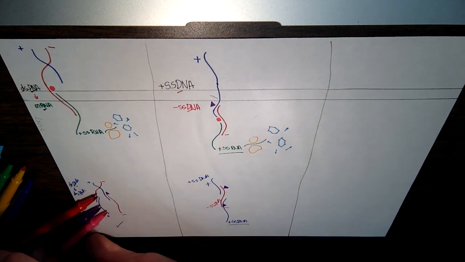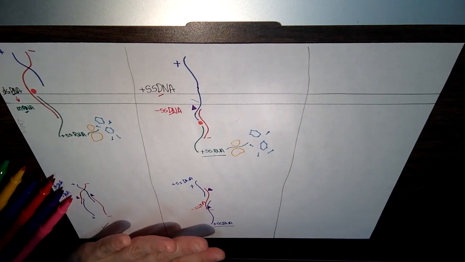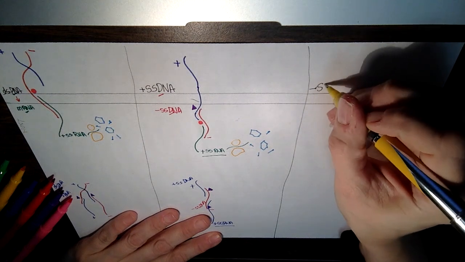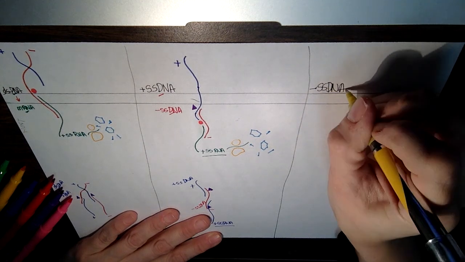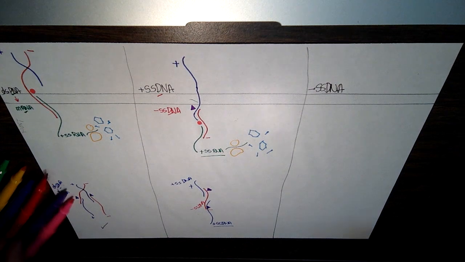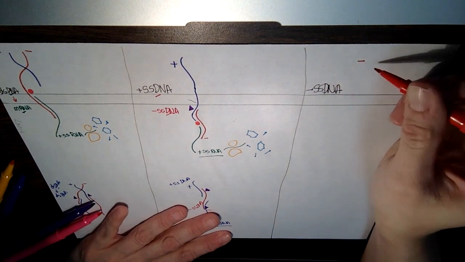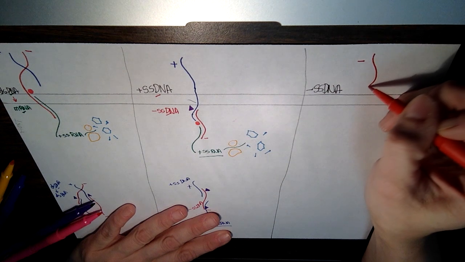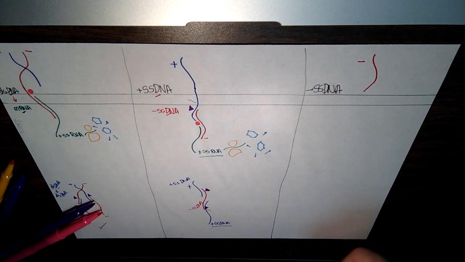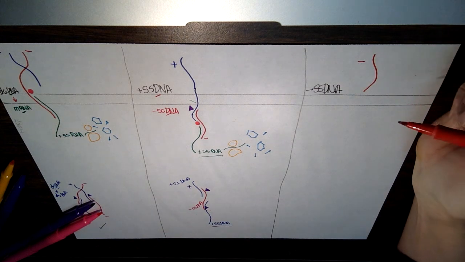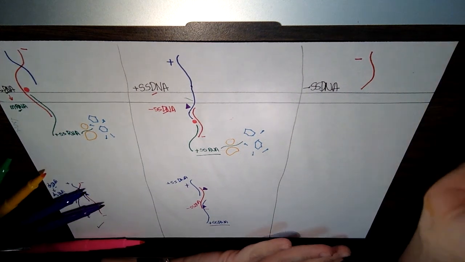All right, we have one more type of DNA virus. We have our negative single-stranded DNA virus. So this time, we start with a negative single strand of DNA. And we do that in the red because the red is the negative. So that's what the virus is giving us.